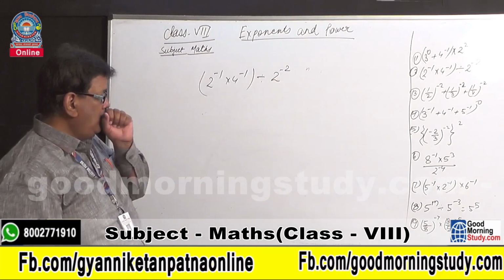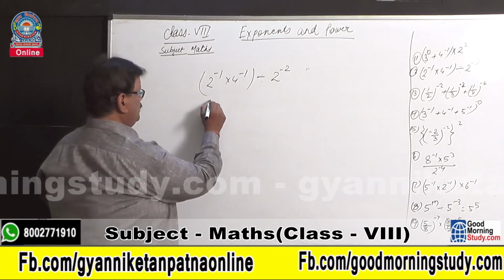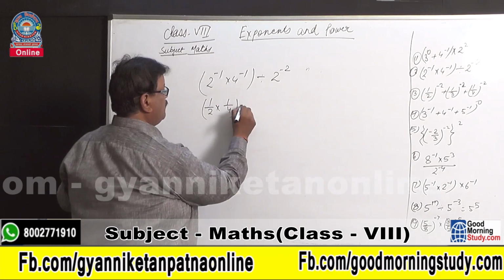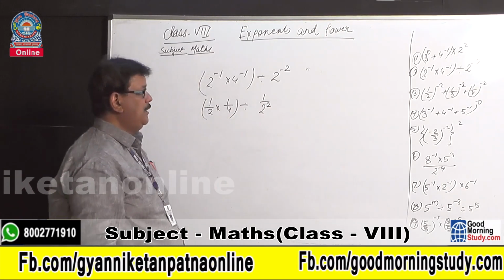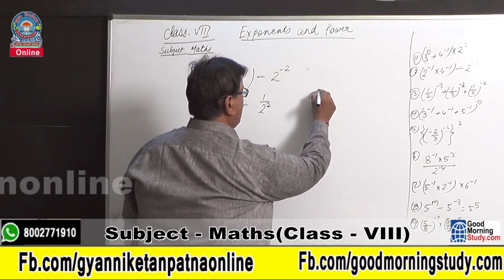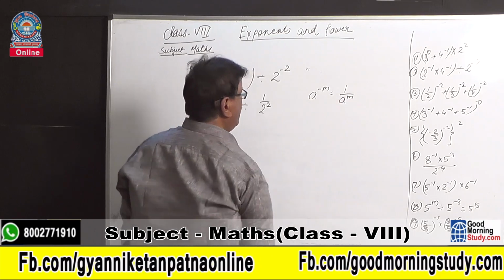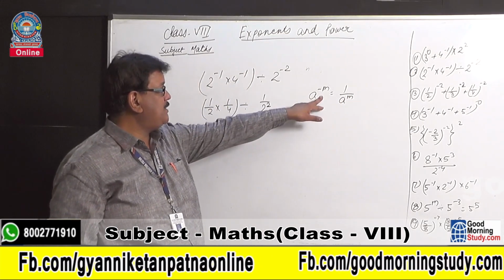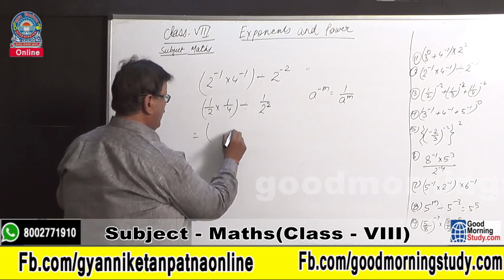What do we get here? 1 by 2 into 1 by 4, divided by 1 by 2 squared. Because we know that a raised to the power minus m is equal to 1 by a raised to the power m. So what do we get here?